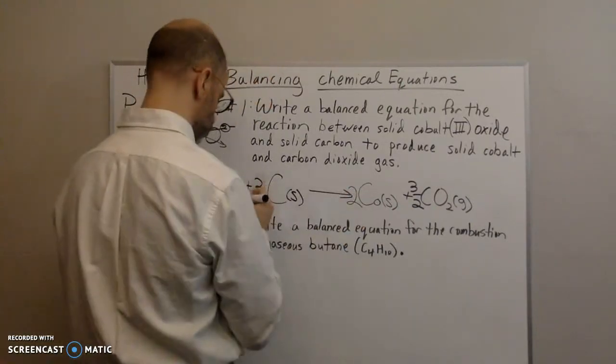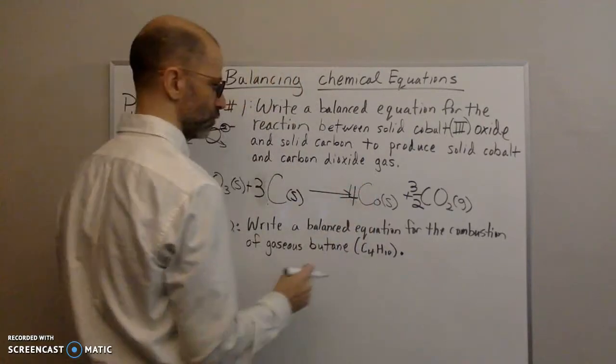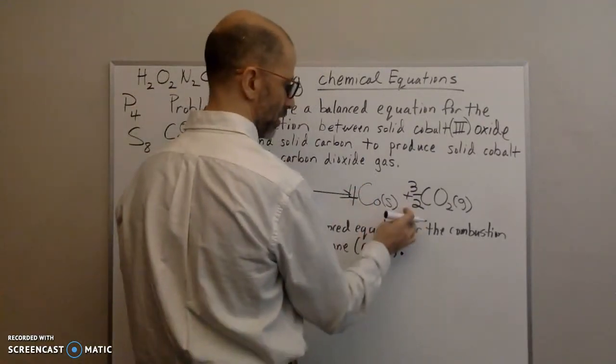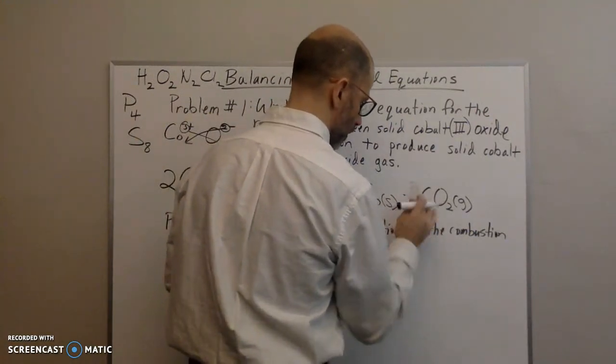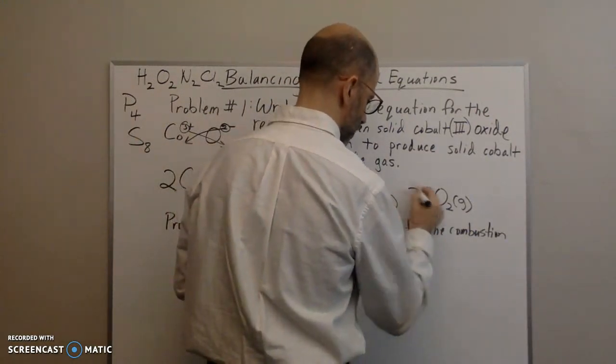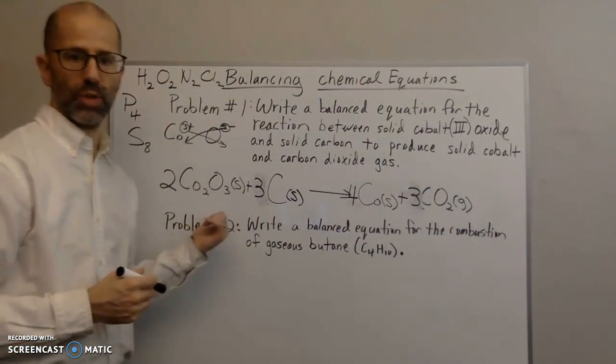And then 2 times 2 is 4, so that's going to be a 4. And then again, multiply this by 2, we get rid of that, and that's going to be a 3. And so now that's going to be a balanced equation.